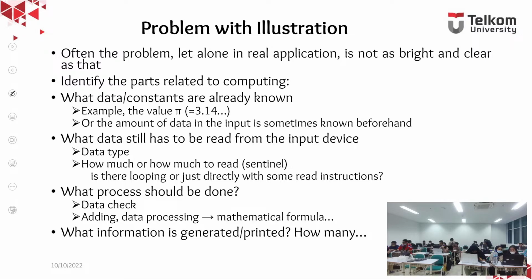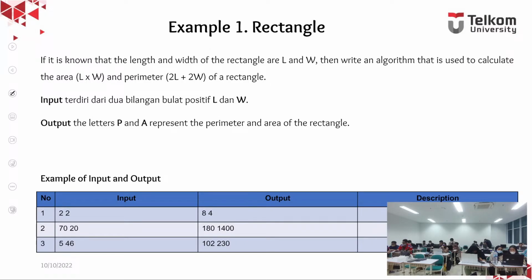Next, rectangle. Now we will see an example. Please read the question description. There are two pieces of information about a rectangle: the length and the width. What do we need to do?